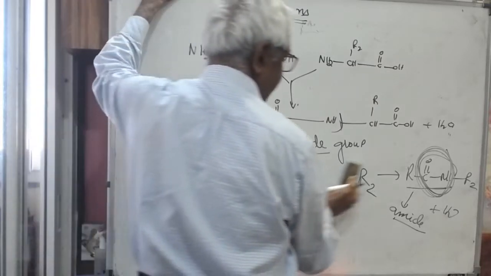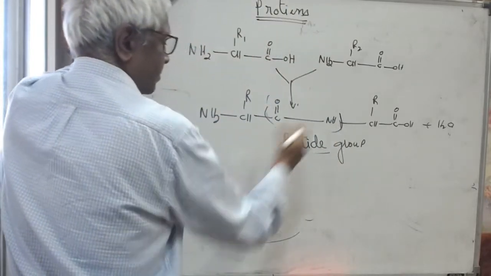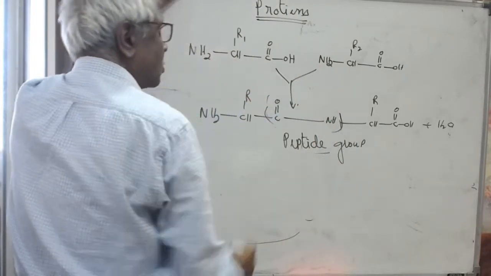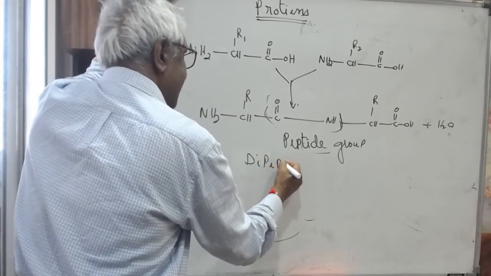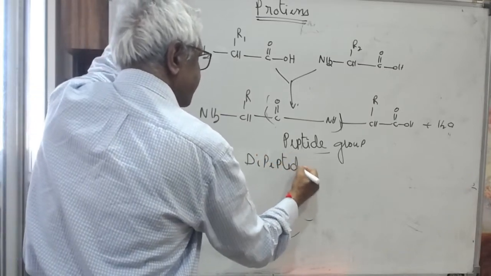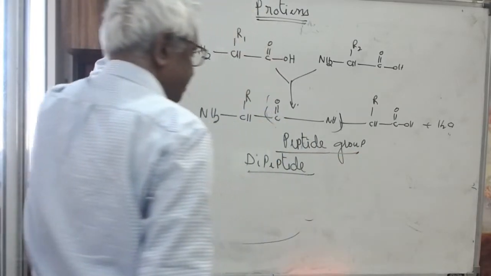Now when two amino acids react, the compound which is formed is called a dipeptide. A dipeptide has one peptide group.